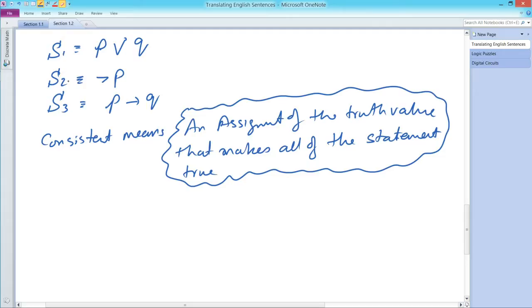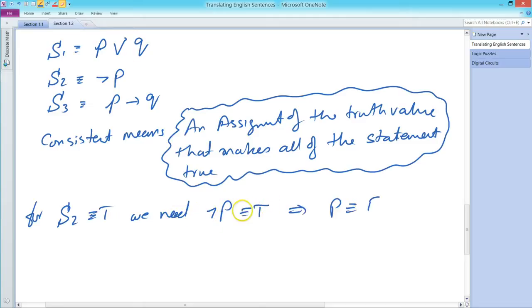For statement 2 to be true, we need not P to be true. If not P is true, this means that P must be false. And there you go. We have found a value for P that makes S2 true.